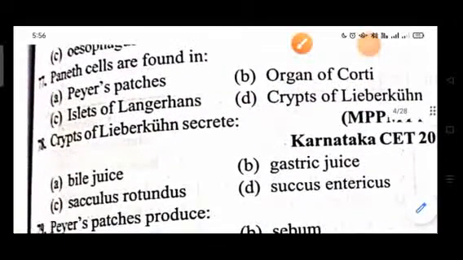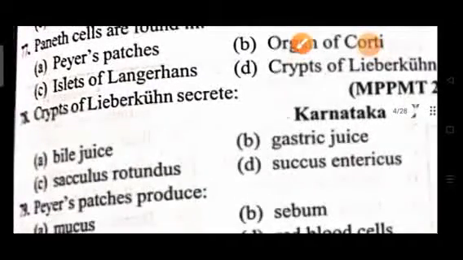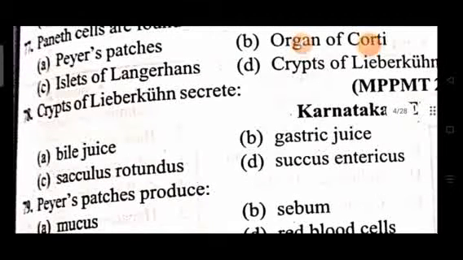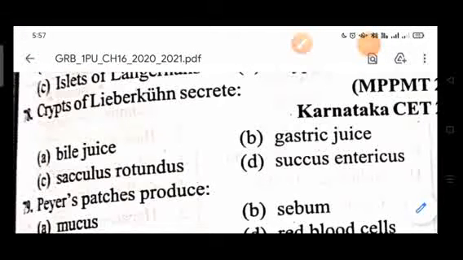Next question. Crypts of Lieberkühn secrete bile juice, gastric juice, saccus rotundus, succus entericus. So here, bile juice is produced by the liver. Gastric juice is produced by the stomach by oxyntic cells or parietal cells.